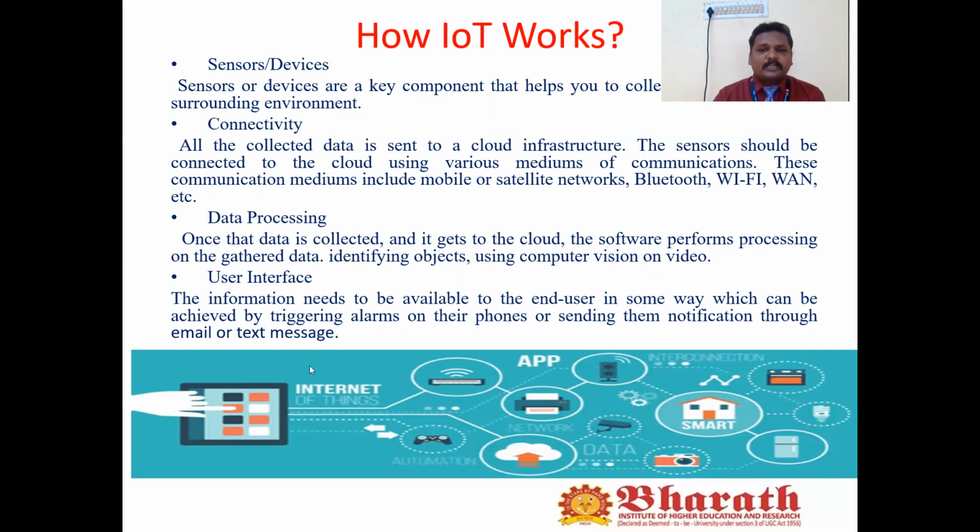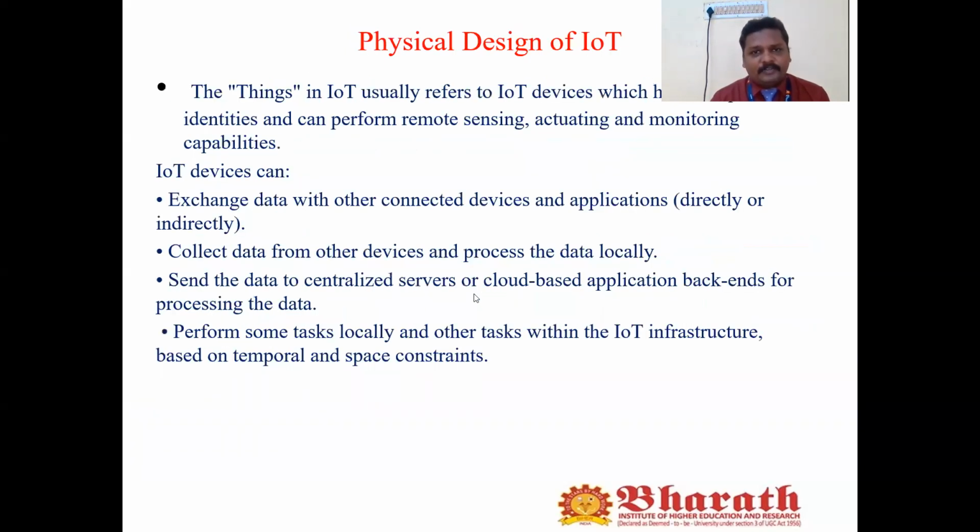Maybe I want to switch on the printer, so using that interface I am going to switch on the printer, or I want to print some documents to the printer. This is how we are going to use the user interface. So this is the way IoT works: using sensors, connectivity, data processing, and user interfaces.